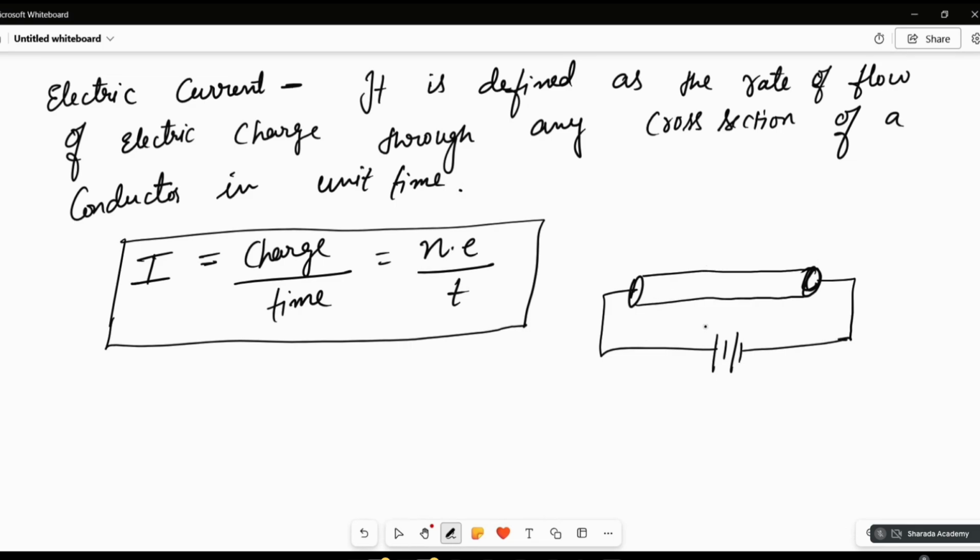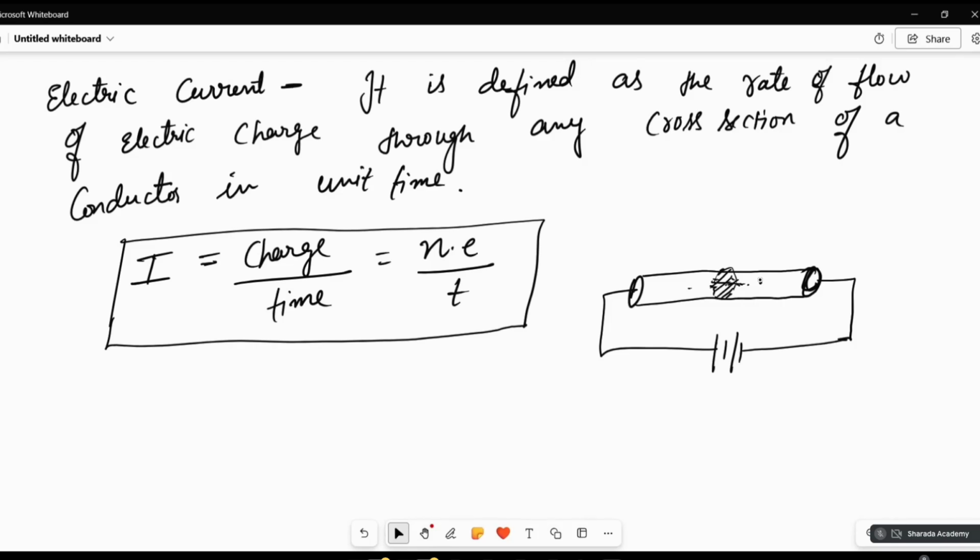So what does it mean? Any cross section means if you cut a wire, you will have that circle. That is the cross section. If I consider some cross section, some point, what is the total charge that will flow through it per unit time? Always we consider per second.